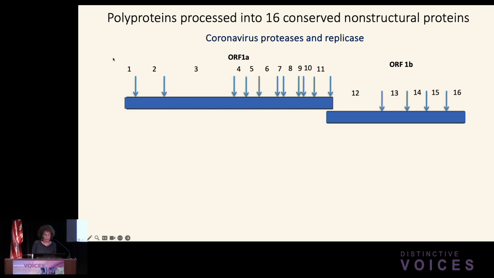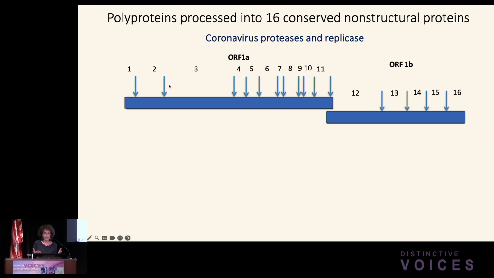And the reason that coronaviruses, or RNA viruses in general, need so many proteins for replication is that the host cell is not prepared to replicate RNA, so it has to bring in all its own stuff, so to speak, so it can replicate. Whereas DNA viruses, the other kind of viruses, can hijack host enzymes for replication. But anyway, coronaviruses encode these 16 proteins, and these arrows denote that there have to be, again, cleavages.